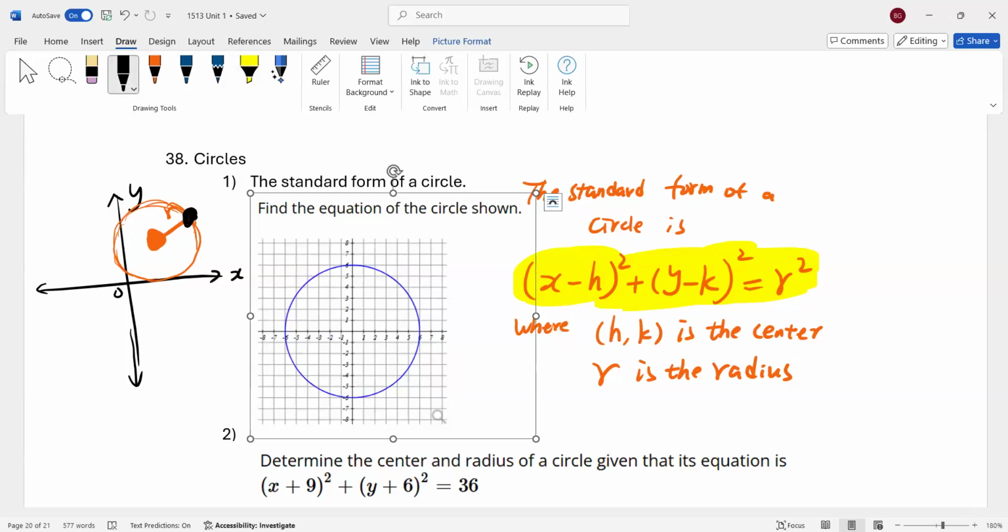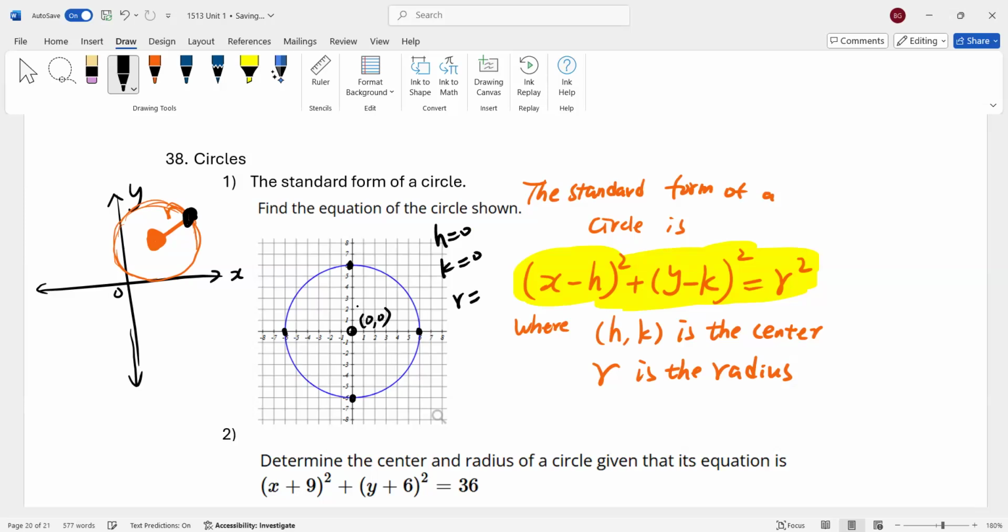Very obvious, (0, 0). It's because here is a positive 6, here's negative 6, so that's how I know the center is (0, 0). That means h is 0, k is 0. Can anybody help find the value for the radius, r? What's the value for the radius?